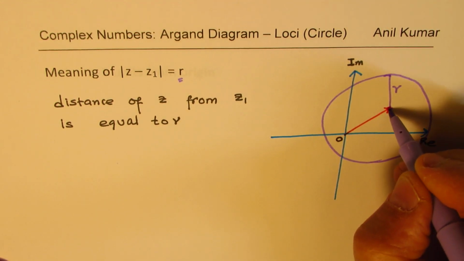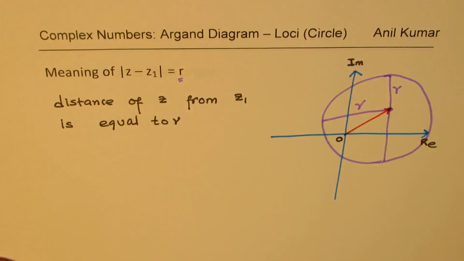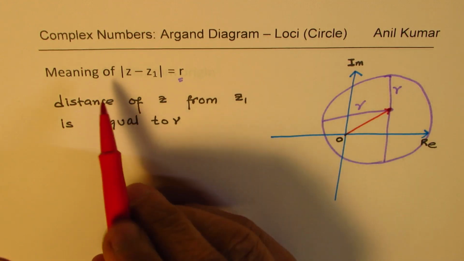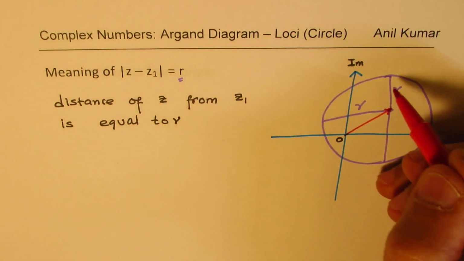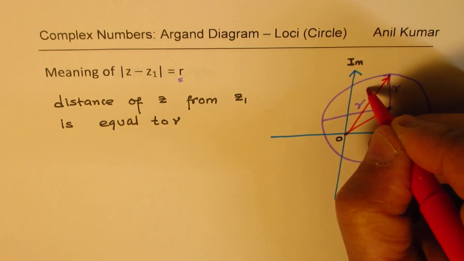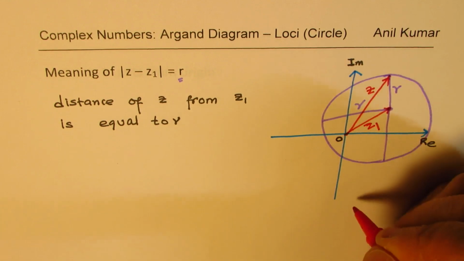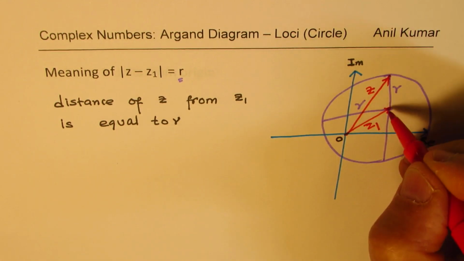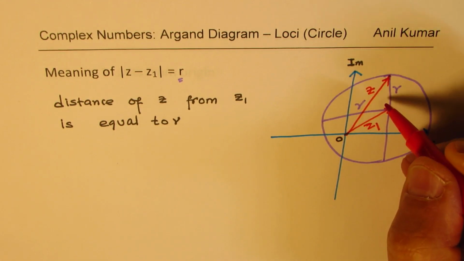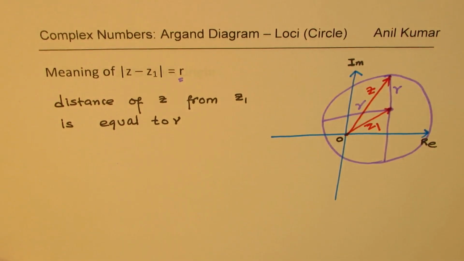All these points are r units away, so the radius of this circle is r, right? If this is z for you and that is the complex number z1, then r is equal to the absolute value of z minus z1, correct? So that's how it is.